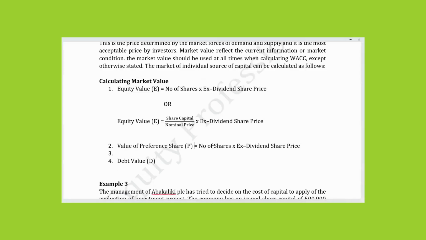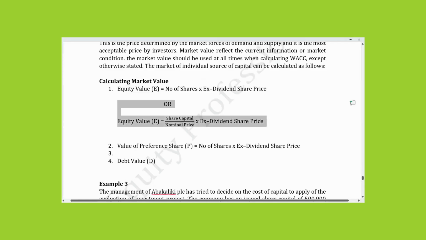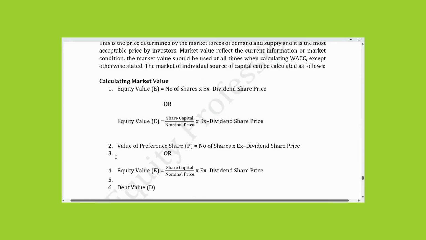Or you can also say, if you are not given the number of shares, it should be share capital divided by nominal price or nominal value of the preference share, multiplied by X dividend share price.